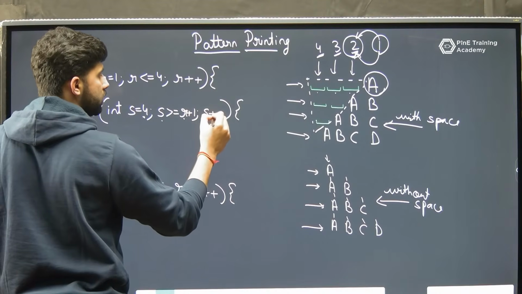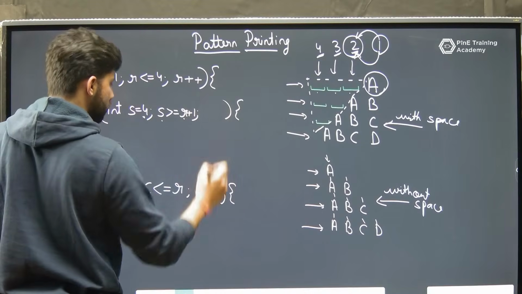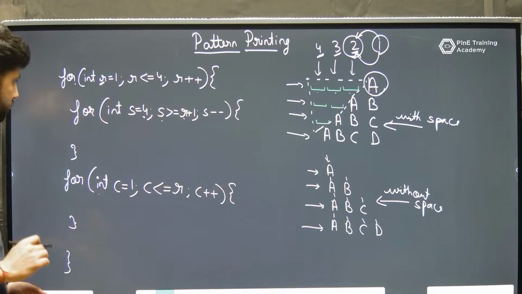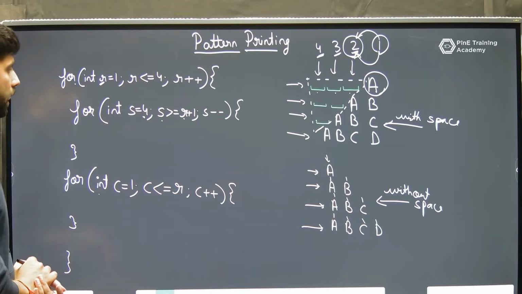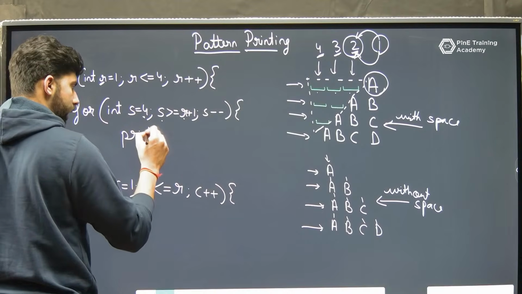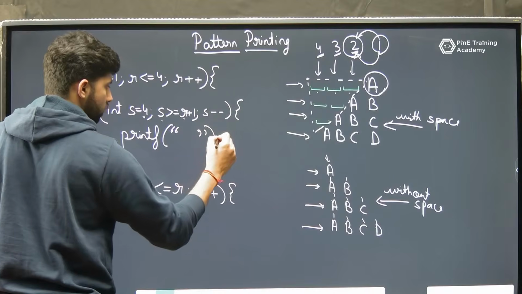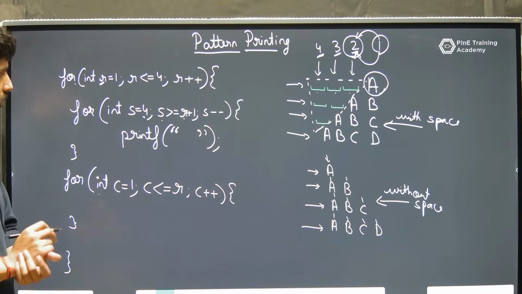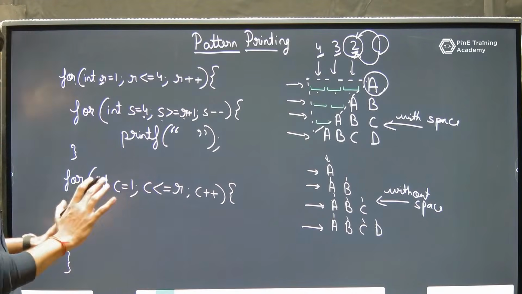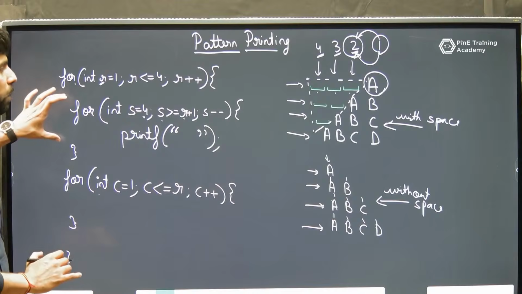And since we have written the greater than symbol, it will be s minus minus. We are decrementing. In this loop, we just need to print the space. I'm just printing a space here, nothing else. So our space part is done.